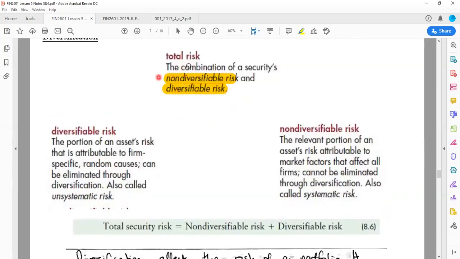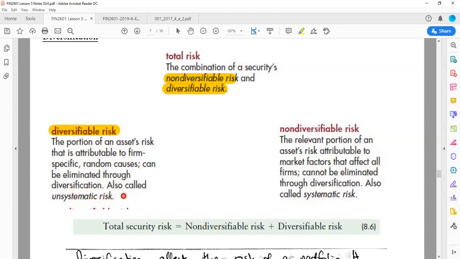Diversifiable risk is the first type I'll talk about. This is the portion of an asset's risk that is attributable to a firm's specific random causes and can be eliminated through diversification. It's also called unsystematic risk.